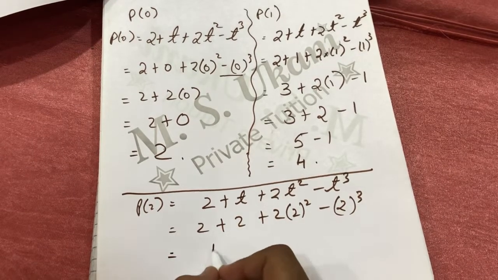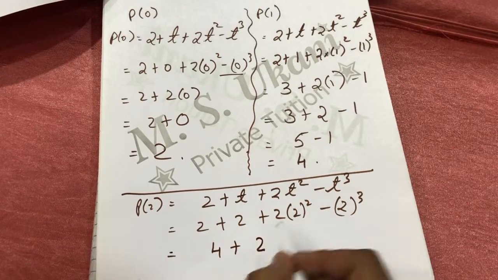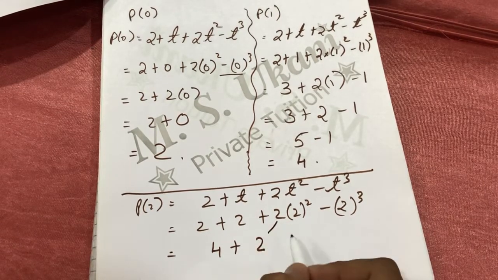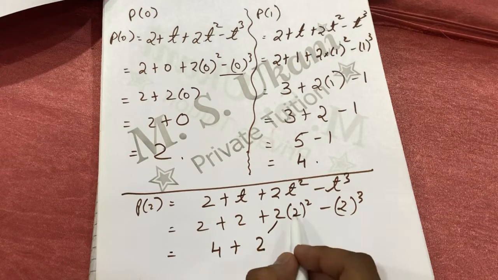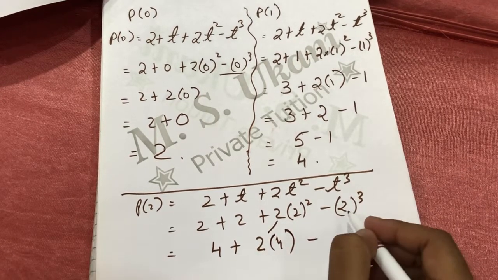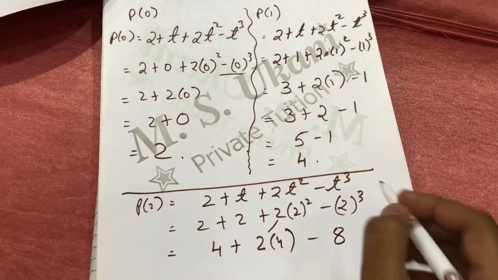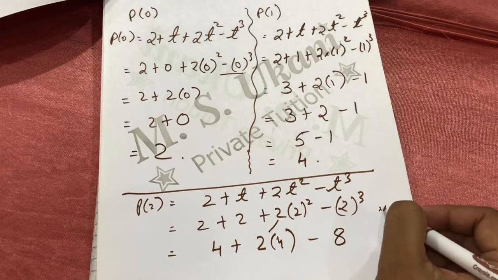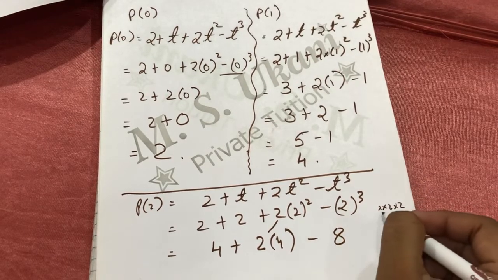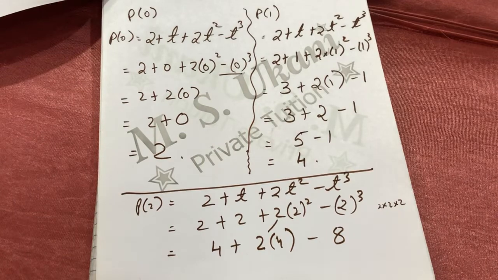Now 2 plus 2 is 4 plus 2 as it is, and 2 square will be 4 minus 2 cube. If we multiply 2 by 2 by 2, 2 to 4, 4 to 8, means 2 cube will be 8.